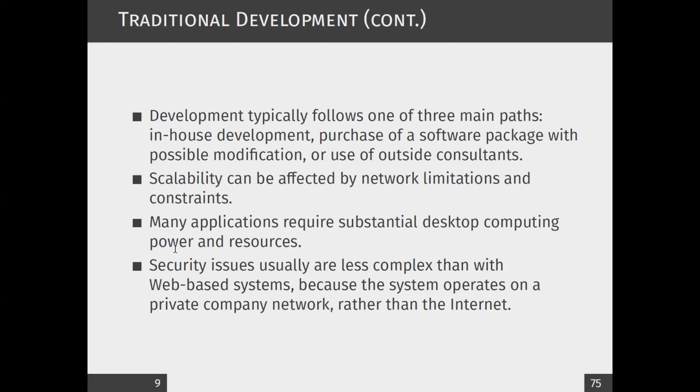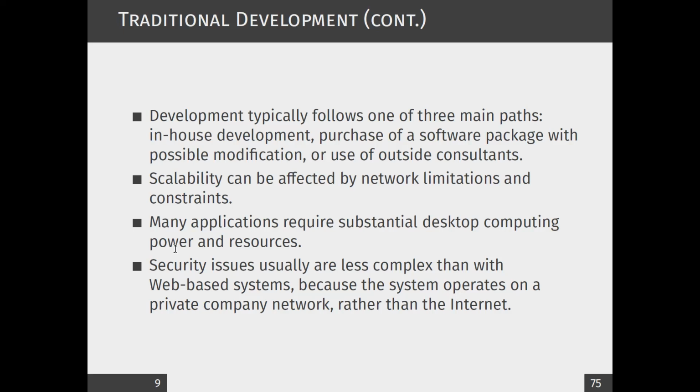So there are three main parts in traditional development. You can go for in-house development, which means if you have a dedicated IT team and the required expertise, then we can go for in-house development. Second, you can go for purchasing the software, right?